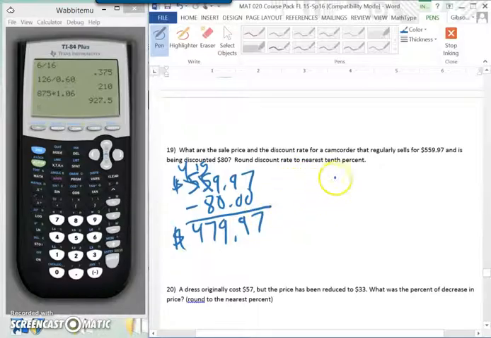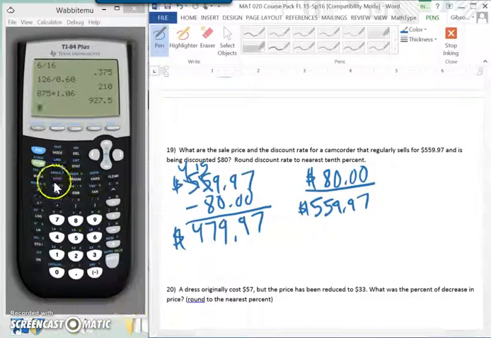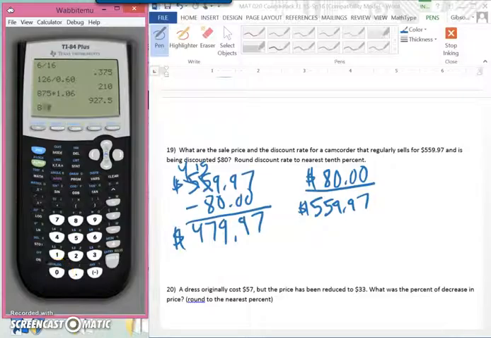We would take the $80 and we would divide that by the original amount, because we want to know what the discount rate is. So it's $80 of the $559.97. So we'll take 80 divided by 559.97.